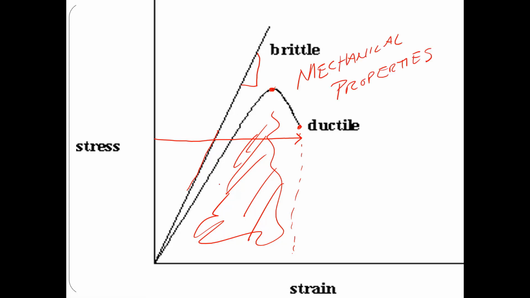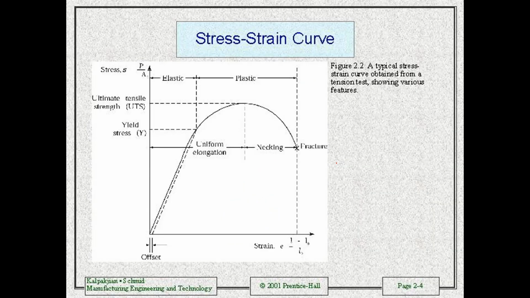We can derive almost all, if not all, of our mechanical properties from a good stress strain curve from a given piece of material. On page 28 in your book, it starts talking about toughness testing, which toughness is the area under the curve here. So know the difference between toughness and strength.